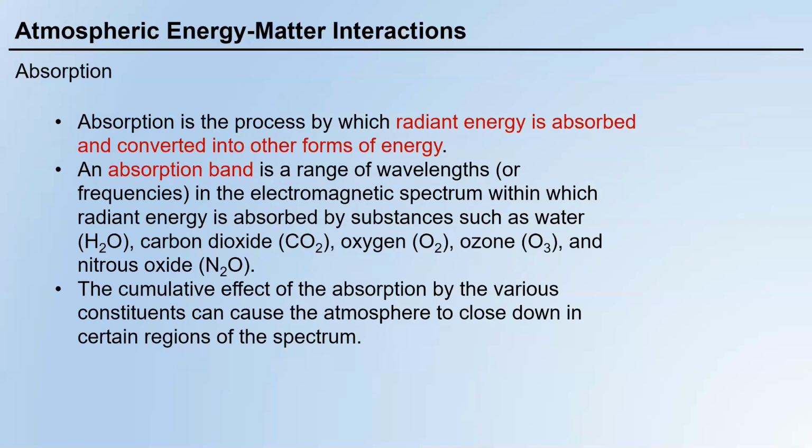An absorption band is a range of wavelengths in the electromagnetic spectrum within which radiant energy is absorbed by substances such as water, CO2, oxygen, ozone, and nitrous oxide, N2O. The cumulative effect of the absorption by the various constituents can cause the atmosphere to close down in certain regions of the spectrum.